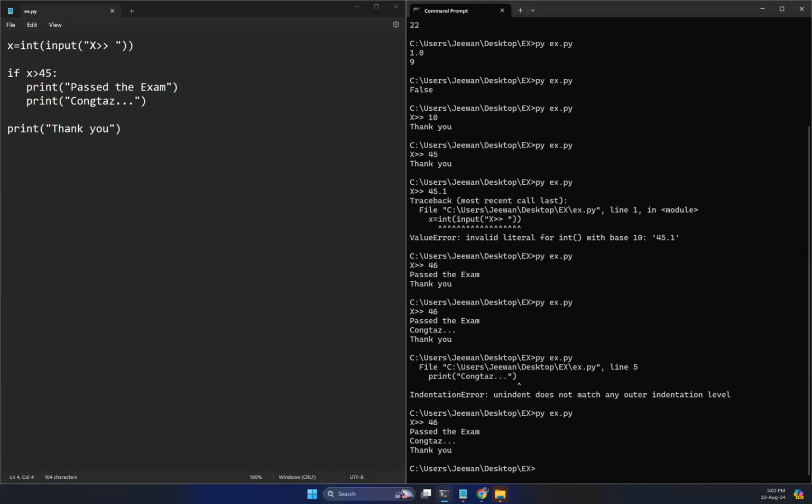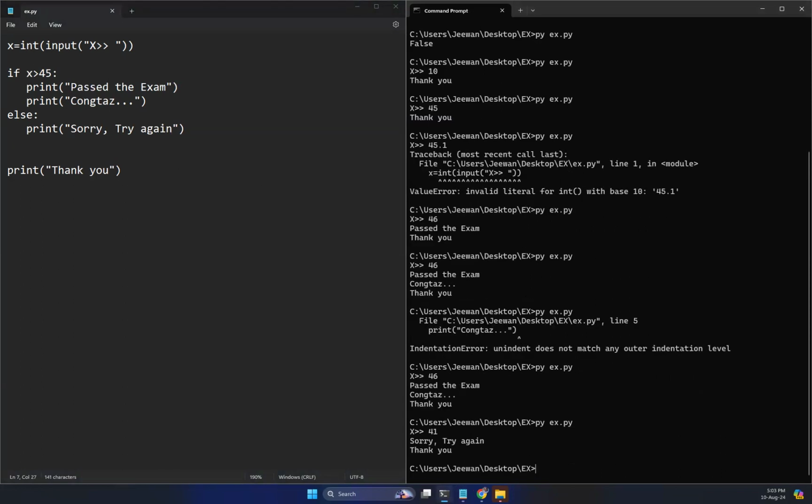And if this is not true, you can come up with an else statement. You can say else, and then you can say try again. If the marks are less, it says sorry, try again.